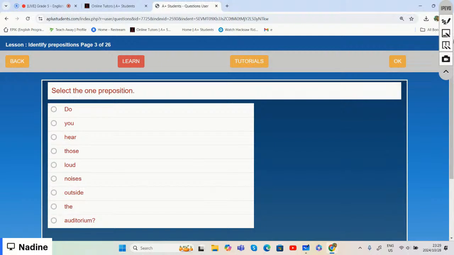We need to select the preposition within that sentence.